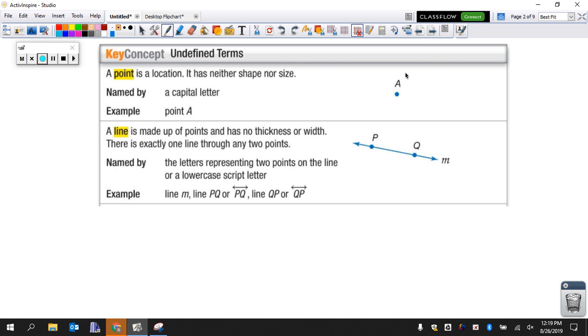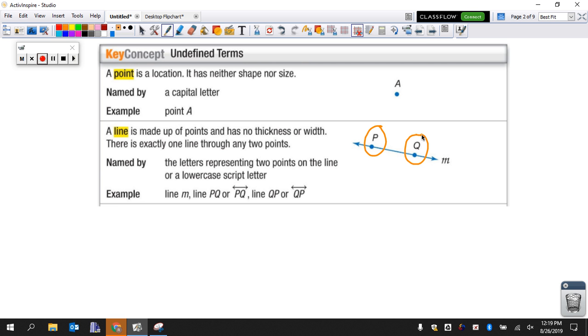The way that we name a line is by using only two letters that signify the points on the line. So in this case, to the right here, we have a point P, and we also have a point Q. So the name of that line would be line PQ.